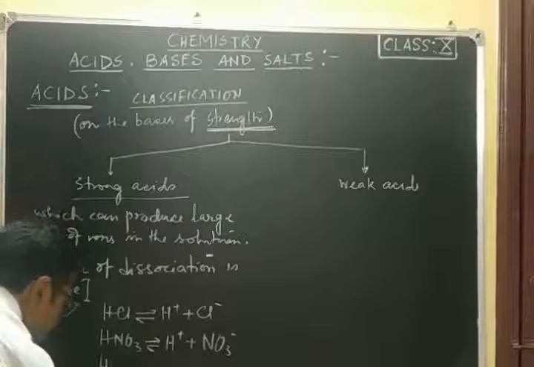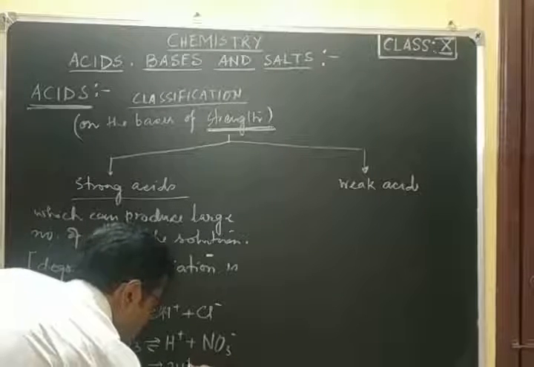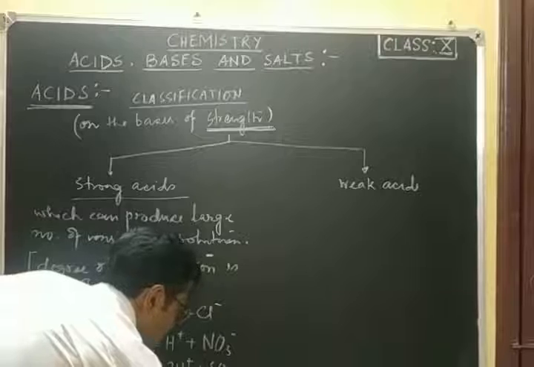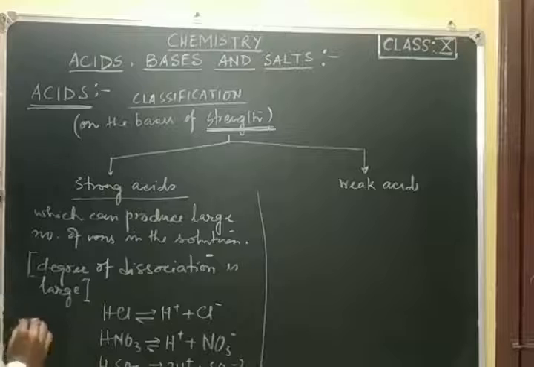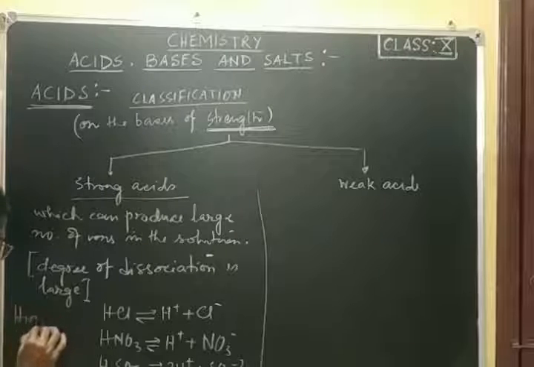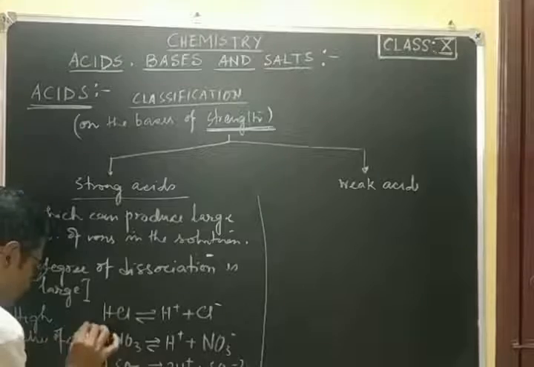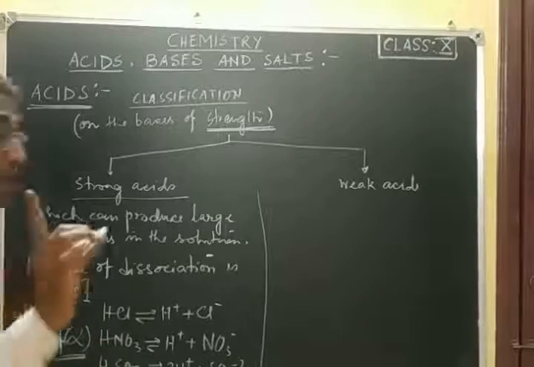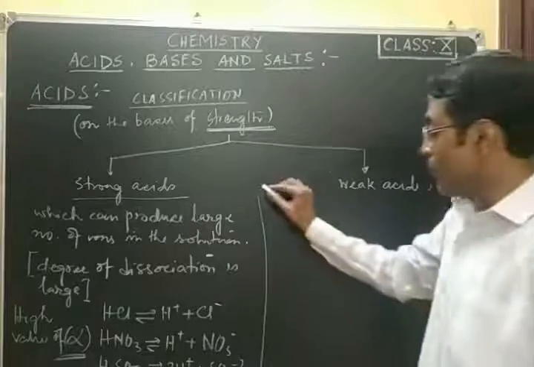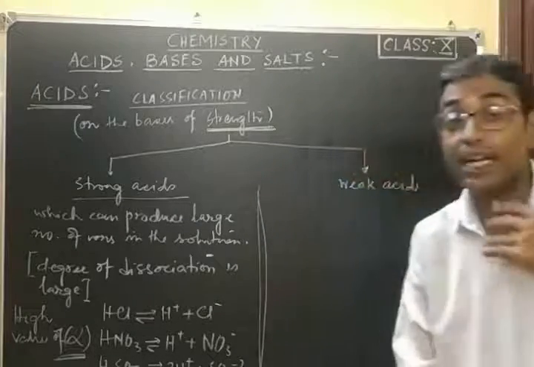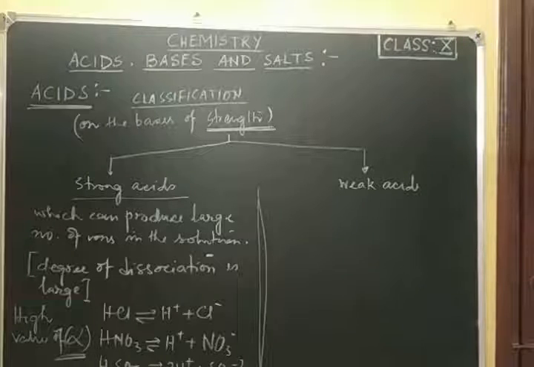Say H2SO4, so you can write 2H plus, SO4 minus 2. So here all the acids have a high value of alpha. And what is alpha? We have learned that is called dissociation constant. So number of dissociated molecules divided by number of undissociated molecules, you can recap it from your electrolysis chapter.